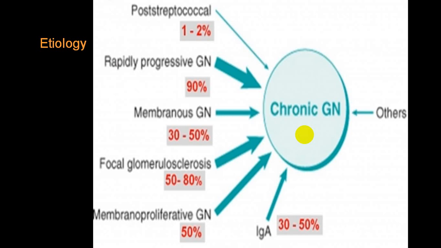The commonest conditions which produce chronic glomerulonephritis are focal glomerulosclerosis, membranous glomerulonephritis, and rapidly progressive glomerulonephritis. These three account for the most common group. Others are membranoproliferative glomerulonephritis and IgA induced glomerulonephritis, while post-streptococcal is only 1 to 2%.